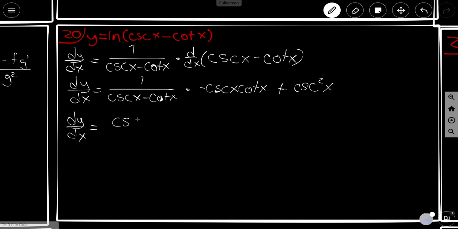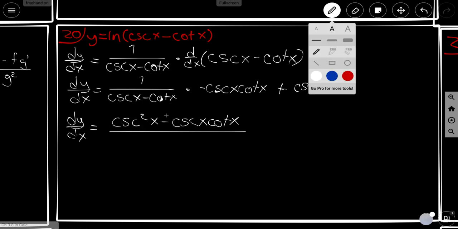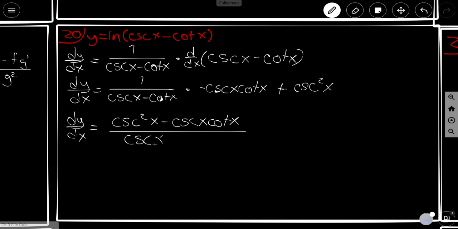Okay. Yeah, so I'm just going to factor out a cosecant.